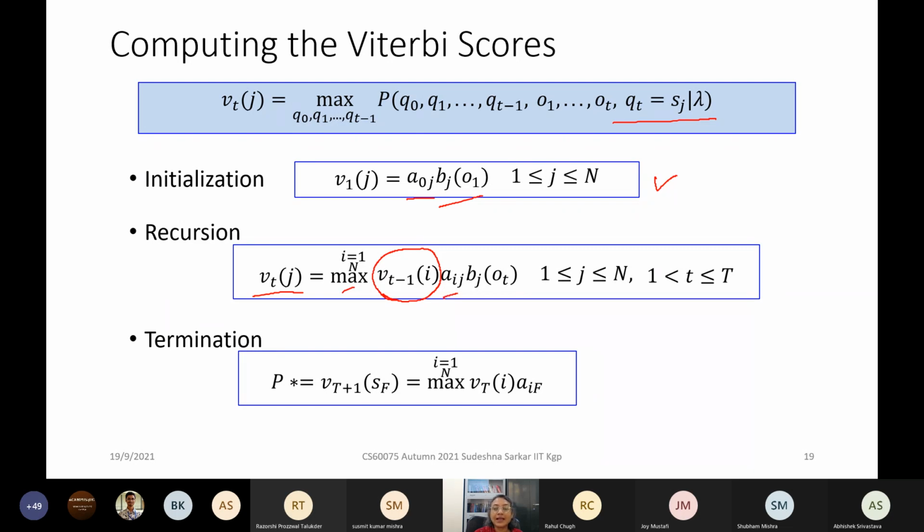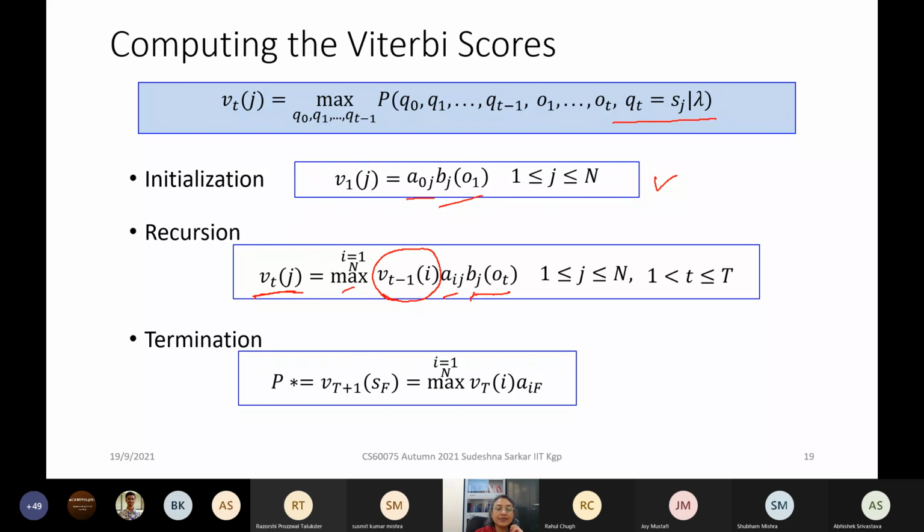Then multiply the transition probability i to j, and Bj(Ot) is the probability of getting the word Ot from the tag j in the current column. So given the previous column, we can find out the values of each cell in the current column.